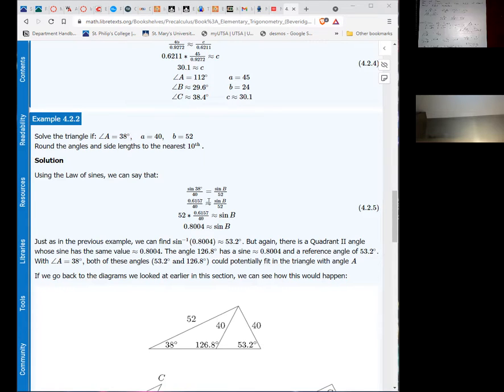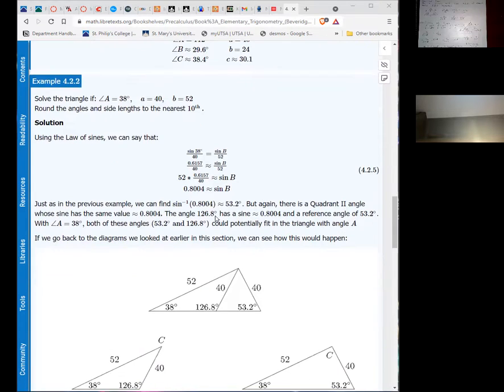So here, they go ahead and do the work, which we'll do together in a moment. And then they solve for B. They isolate sine B, and then they use the inverse sine of both sides. We'll talk about that in a second. Once you find that angle, you'll have to subtract from 180 degrees to find the other angle, which is also called the reference angle. So the reference angle of 53.2 is that one. So this angle and that angle, there is a B1 and a B2.